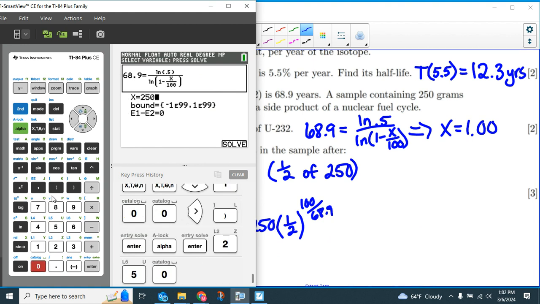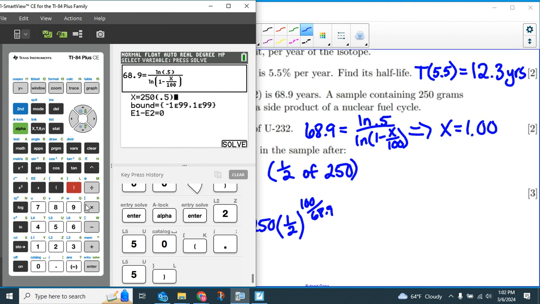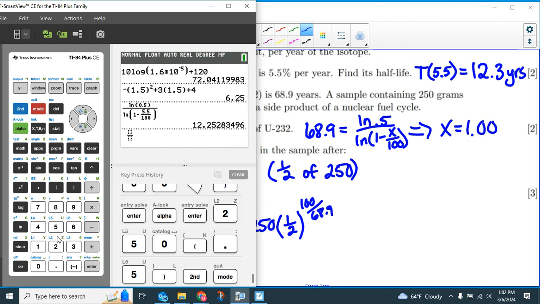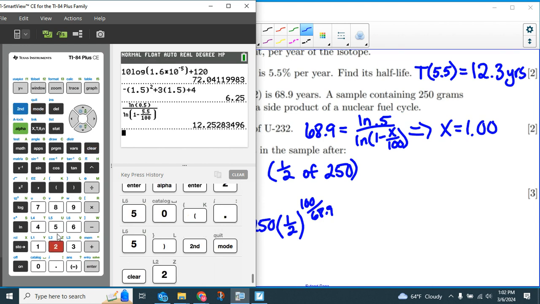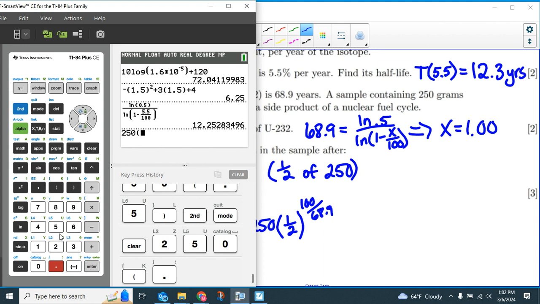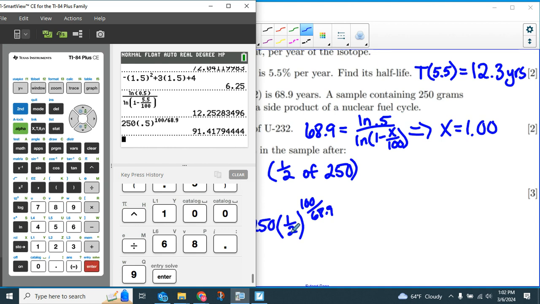So 250 times 0.5 to the 100 over 68.9 power. All right, so 91.4 grams.